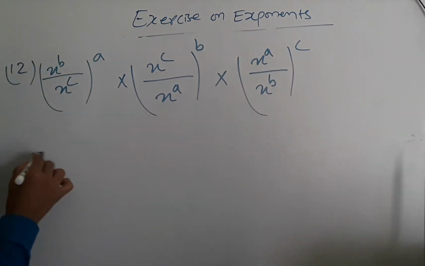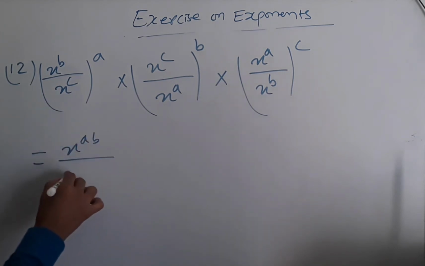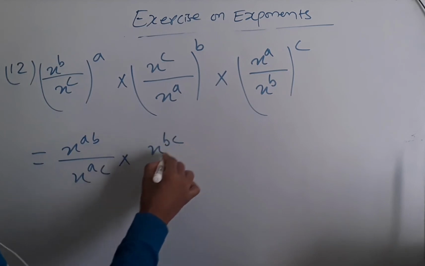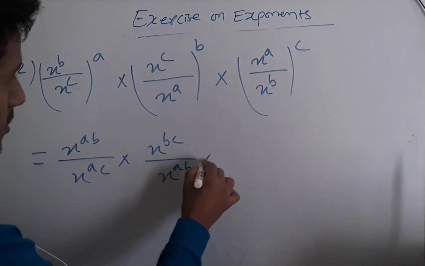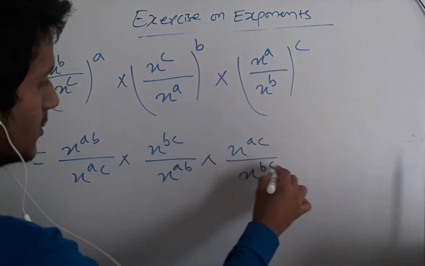So this is what you have here, and you can write this as x to the power ab divided by x to the power ac, times x to the power bc divided by x to the power ab, times x to the power ac divided by x to the power bc.